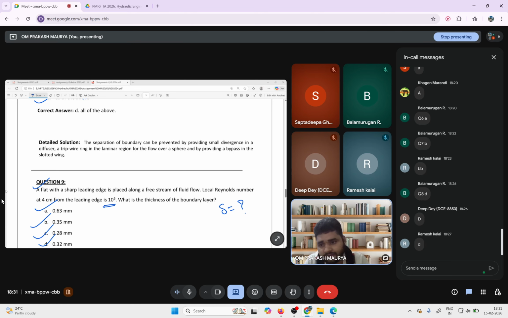If it is laminar, you have to write the formula for thickness, which we have already seen: delta is equal to 5x divided by root Re. In the previous question we have already seen this, if it is laminar.